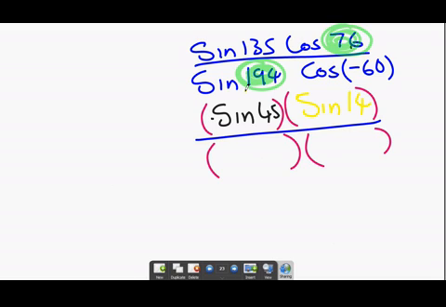Now I know it's related to this one because that one also, you cannot get the 60s, the 45s and the 30s. So I know that somehow there's a 14 there. And if you look carefully, you see that it's 180 plus 14. I'm not going to write it down, because the more you write down, the more confused you're going to get.